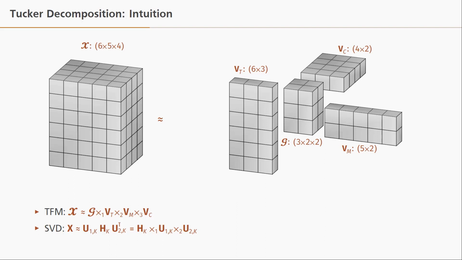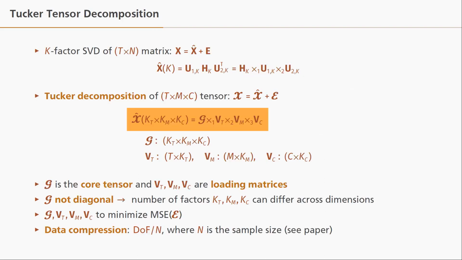And in 4 dimensions, this would be a 4-dimensional tensor, right? So the difference is that in the 2-dimensional case, the optimal SVD, this will be diagonal. That's why we have the same number of Ks here. Here, that's not necessarily the case. So we have a different number with K1, K2, K3. So that's the intuition.